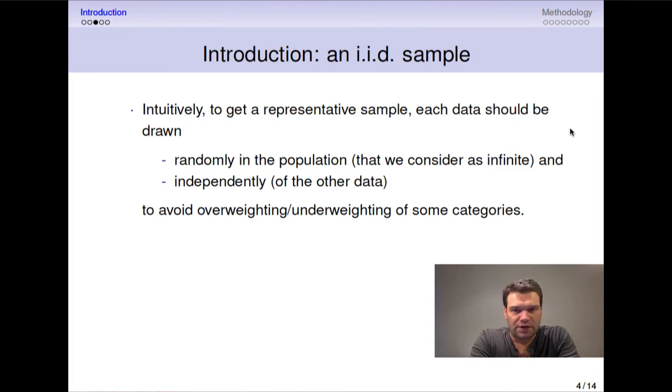First, let's think about this sample as a representative sample of the population, which correctly represents the population, such that all the categories of the population are included in the sample in a way that does not over or underweight some categories.